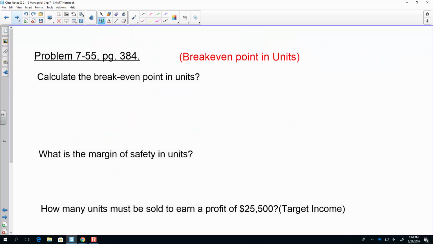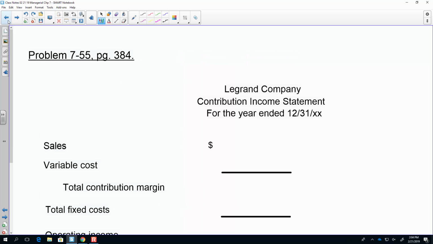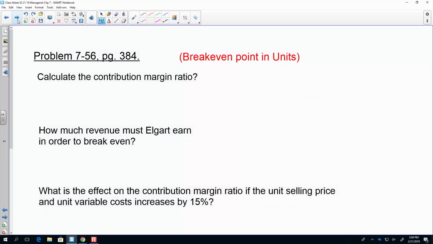Here we go. For 55, I'm going to skip it for now because I might put that out on my notes for today's class later. Can we go to 56, please? 56, page 384.